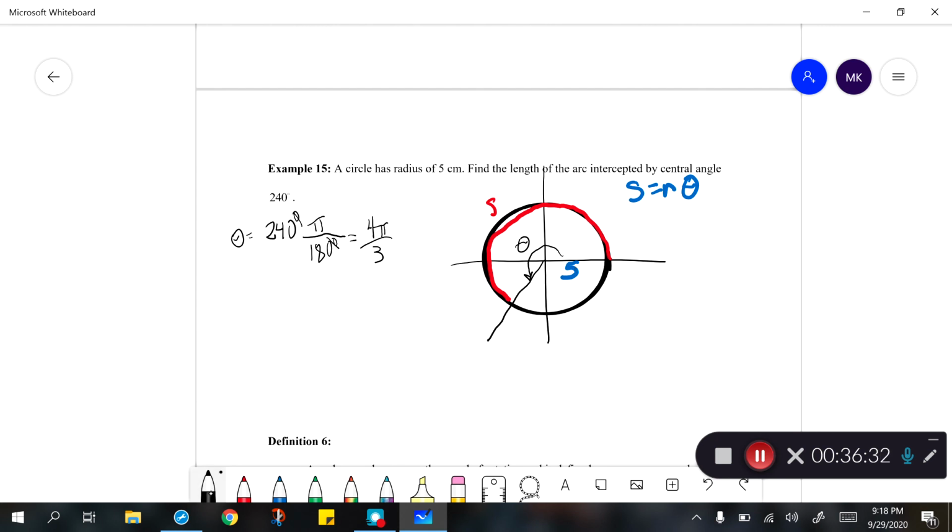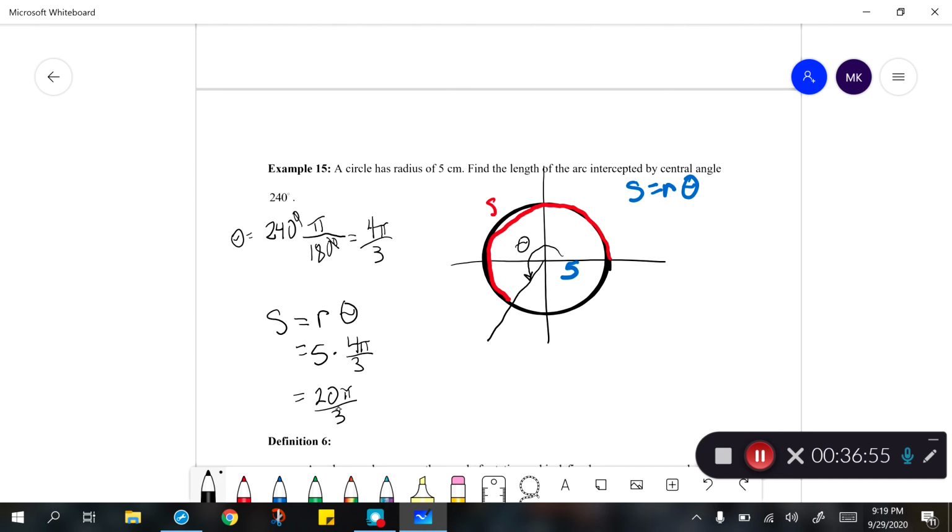Awesome. So I get that S is equal to R theta, which is 5 times 4 pi over 3, which is 20 pi over 3.